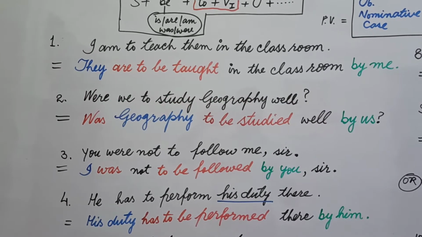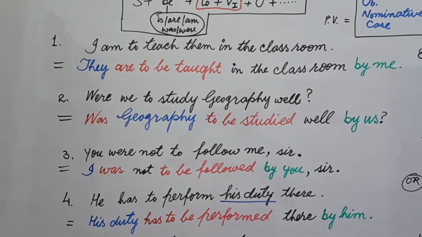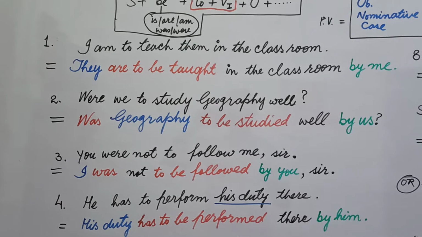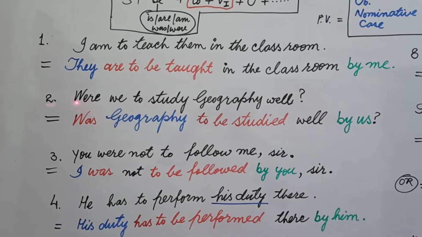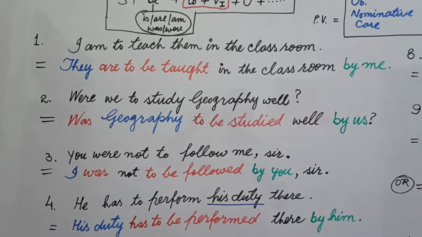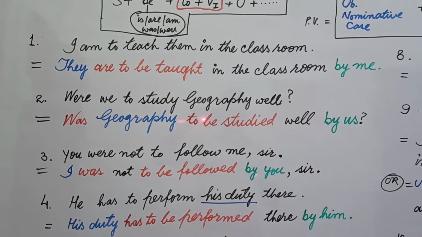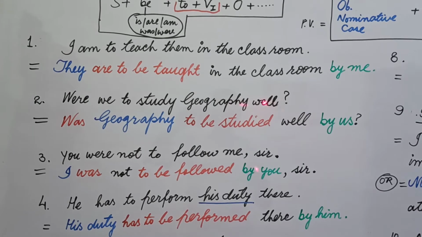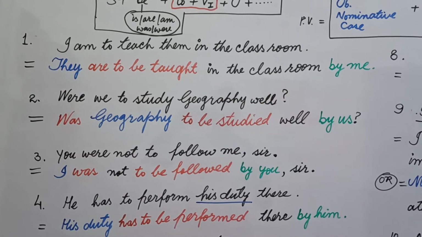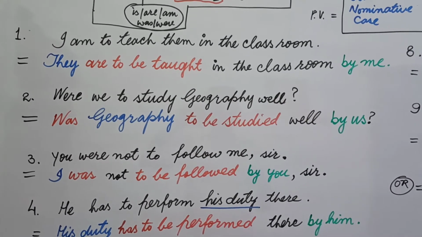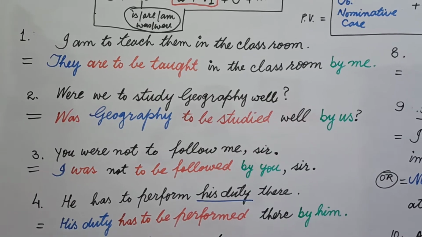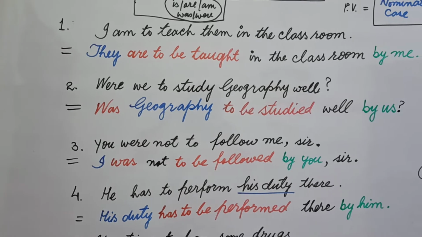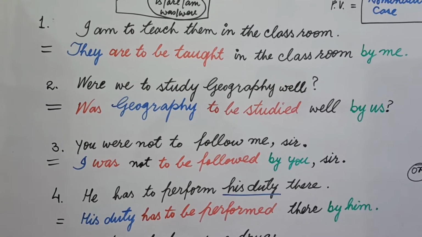Geography is the object of the infinitive 'to study', and the subject is 'we', and you will place this geography on the place of the subject 'we'. 'To study' will be changed into 'to be plus third form', meaning 'to be studied', and then the remaining part of the sentence, 'well', and in the end you will write by plus subject in objective case. Your answer in passive voice becomes: geography was to be studied well by us.